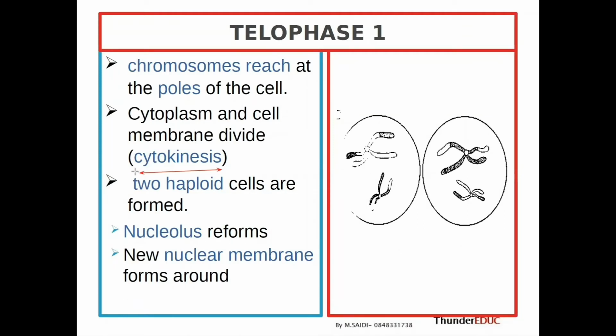What is the process whereby the cytoplasm and cell membrane divide during telophase 1? It's cytokinesis. Remember we started with a diploid cell, and it becomes two haploid cells. So we've got 2 haploid cells.